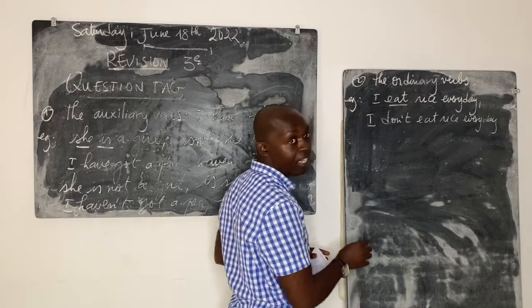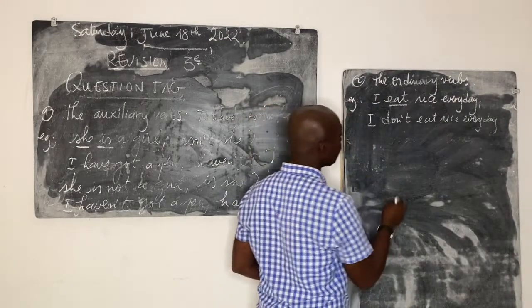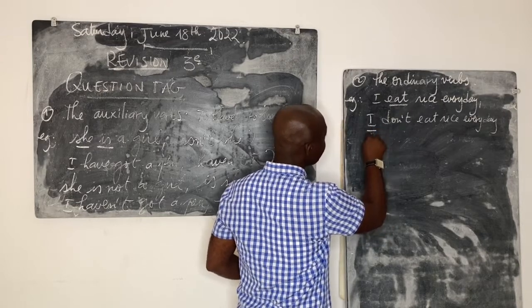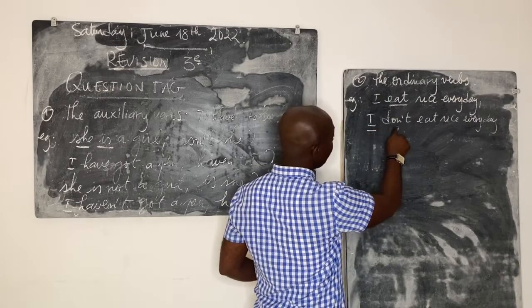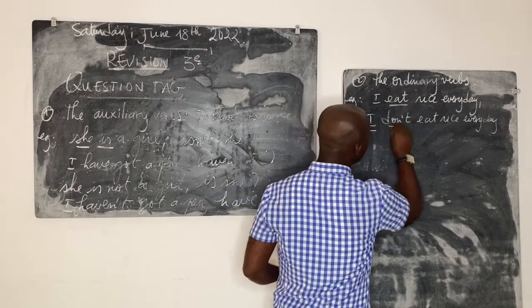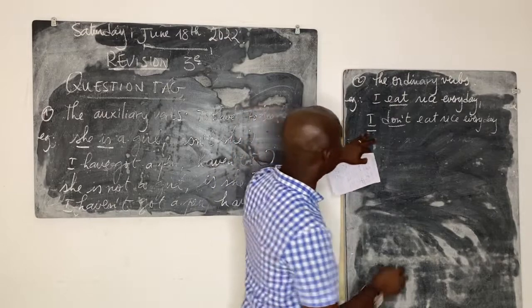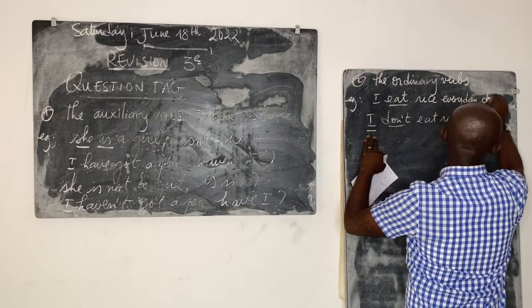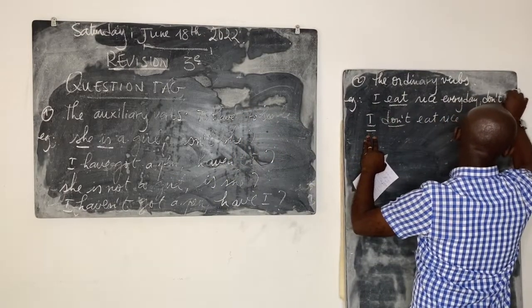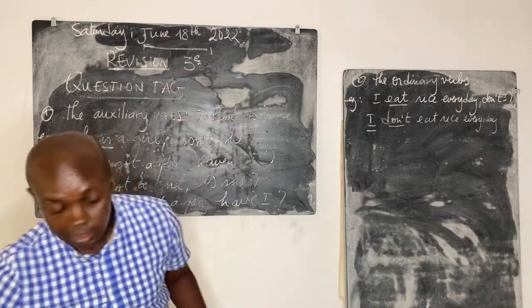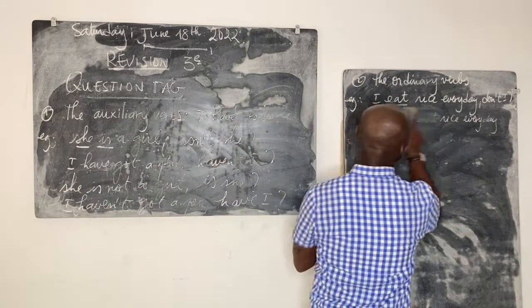And we're going to invert things. It means that the subject is going to take the place of the auxiliary to do and vice versa. So it's going to be don't I.